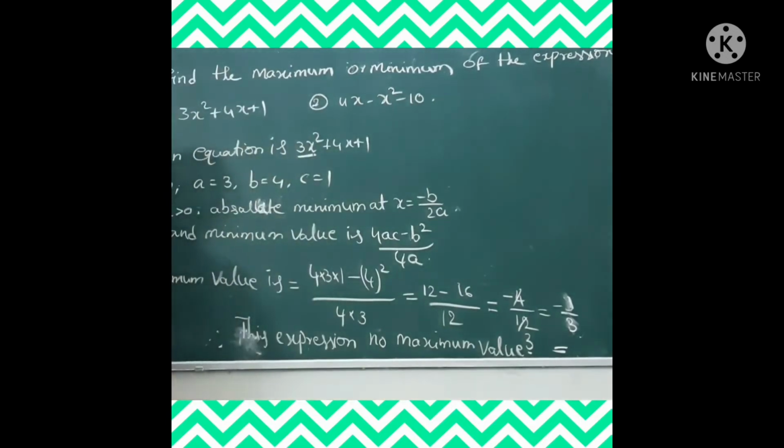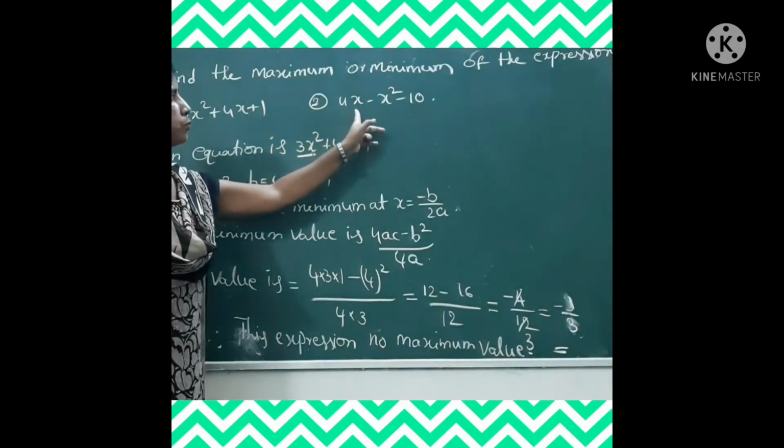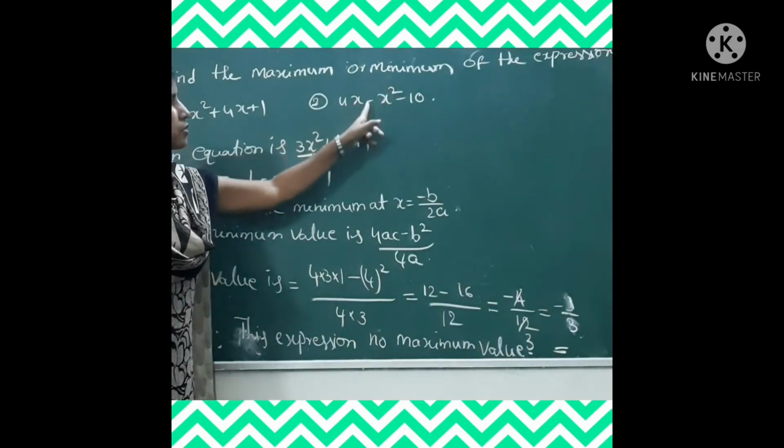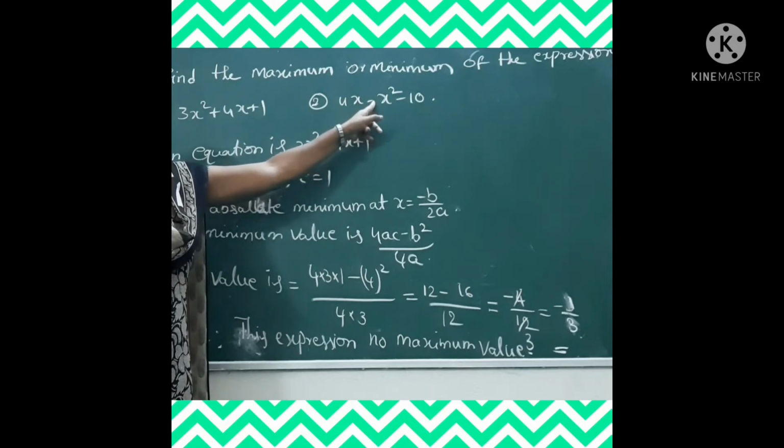Okay, understand? Next one is, see here, in this second sum the x square coefficient is minus 1. Okay, understand?